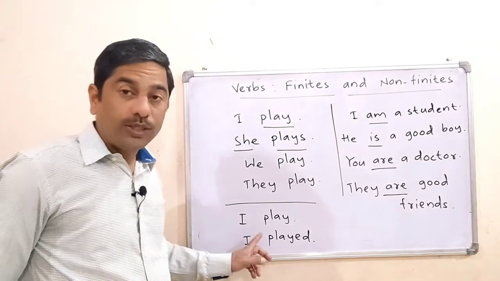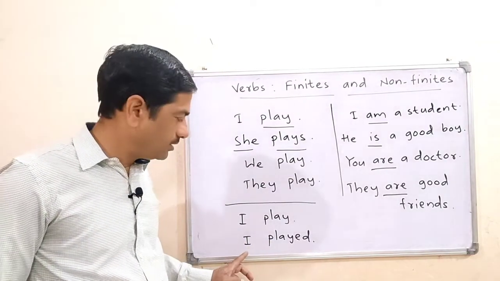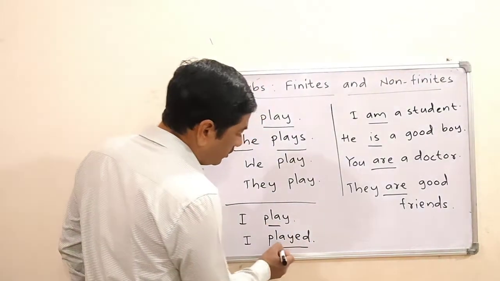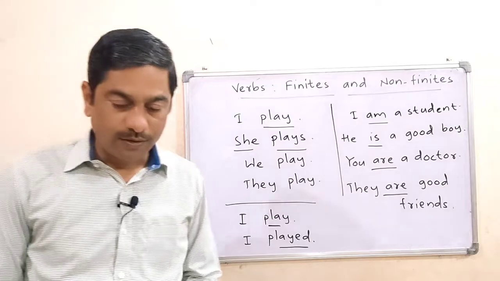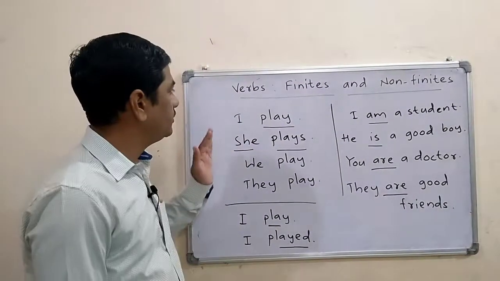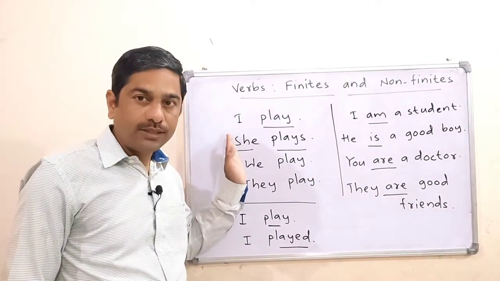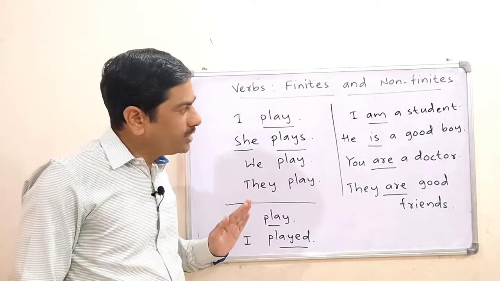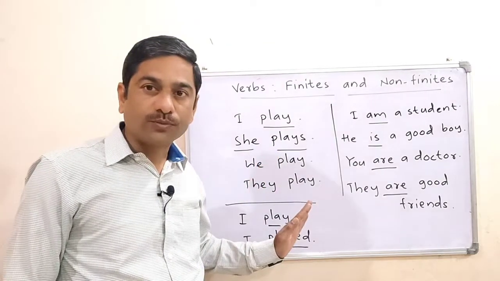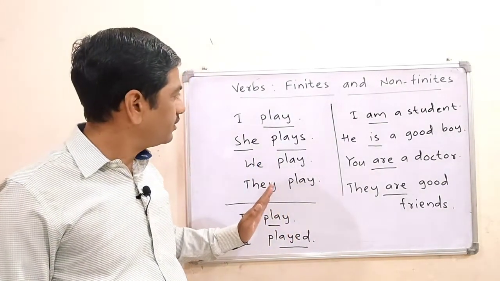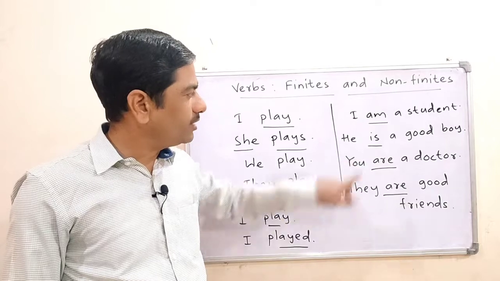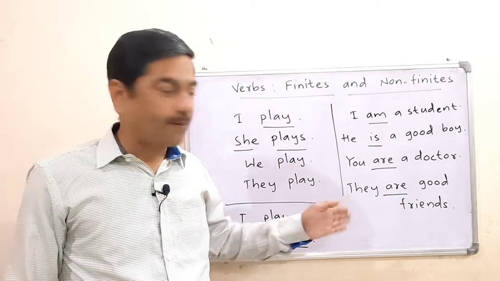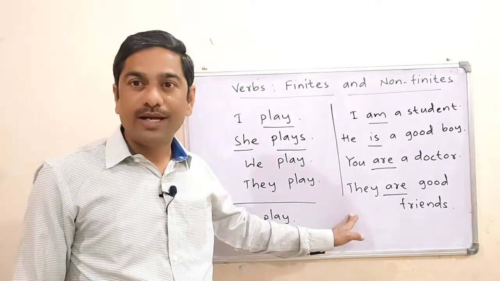So here you are changing the tense. If you are changing the tense, then the form of the verb changes. So if you change the person, you have to change the form of the verb. If you change the number also, singular, I is singular and you, they are plural.